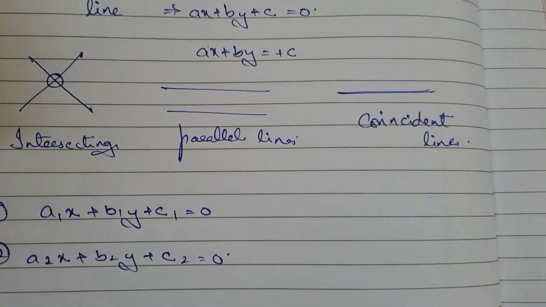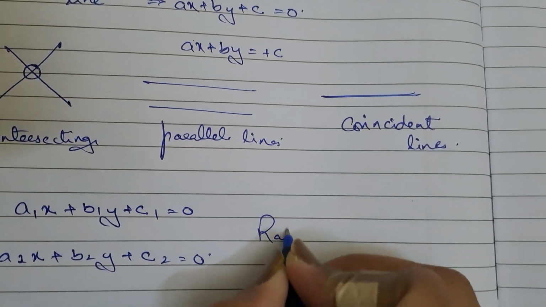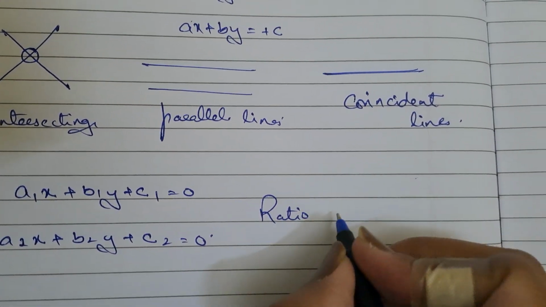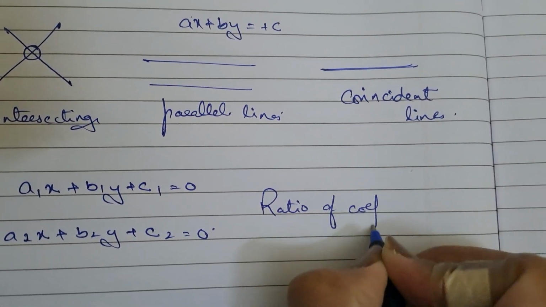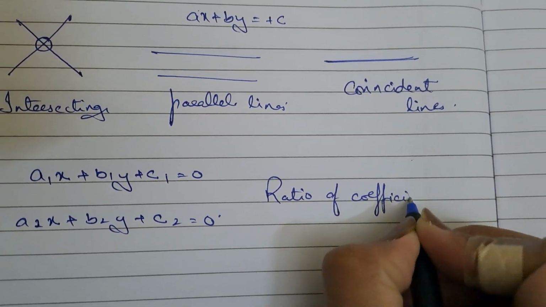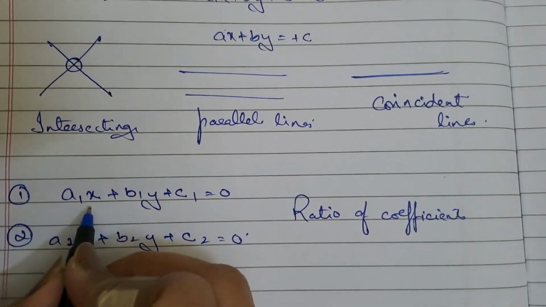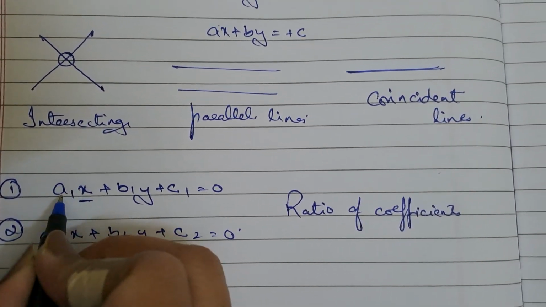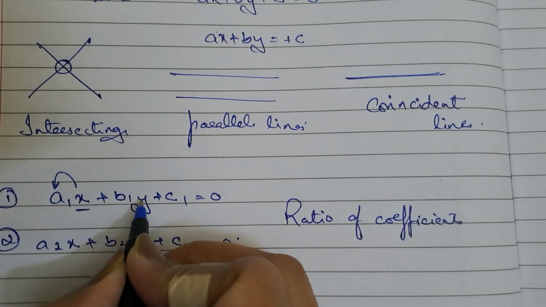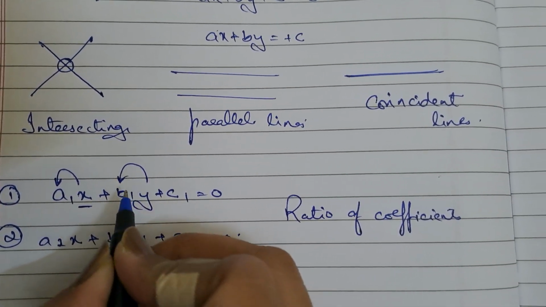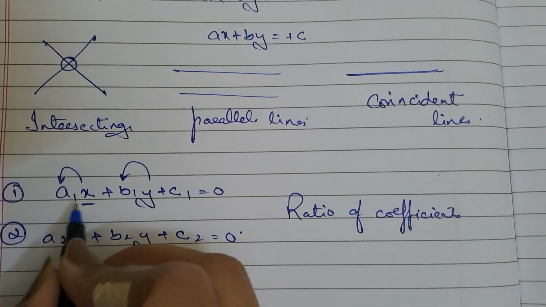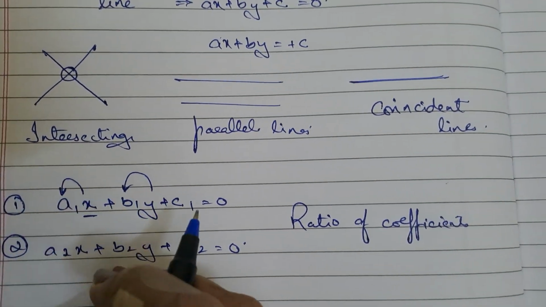Then I am going to take the ratio of the coefficients. What are the coefficients I have? I have the coefficient of x and the coefficient of y, and these ratios I'm going to take.